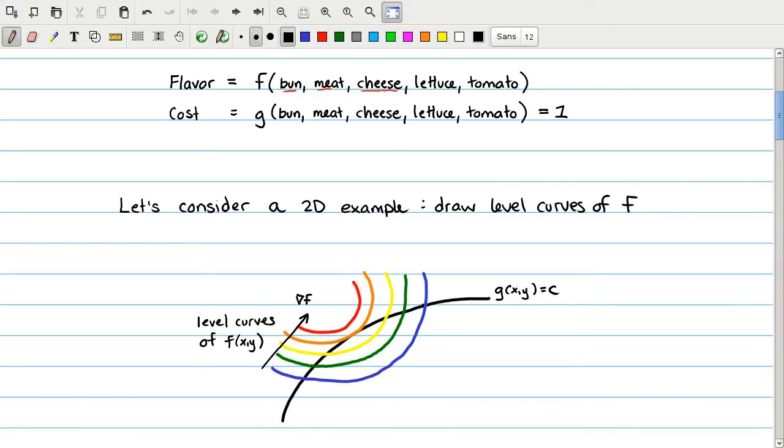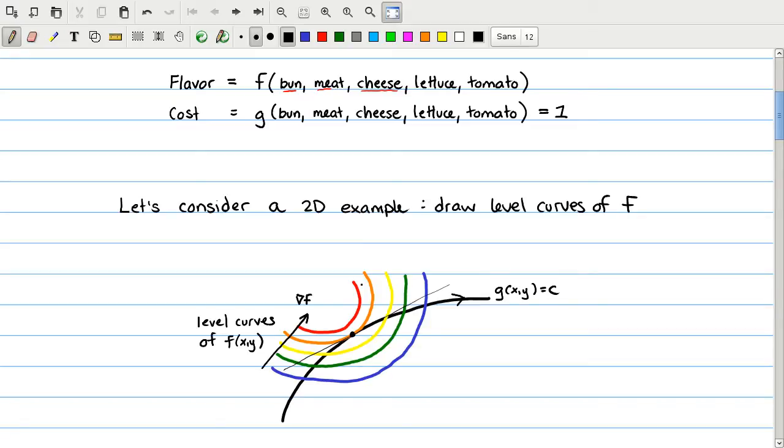If I imagine walking along this trail, say, in this direction, then there's a region in which I'm crossing level curves. And as long as I'm crossing level curves of f, then I'm not yet at a maximum. But it looks like I reach a maximum value of f right at this point on the curve. At this point, if I can sketch it, the curve is parallel to the level curves of f.